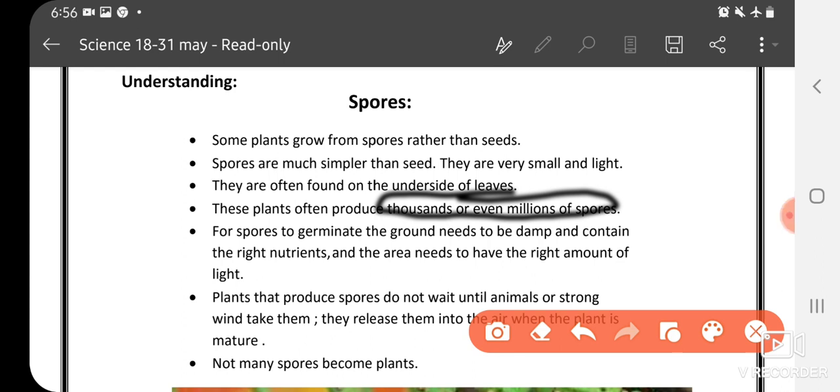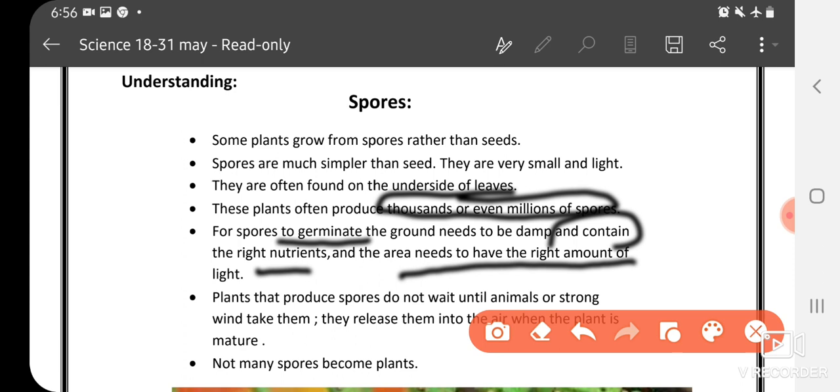Next, for spores to germinate, the ground needs to be damp and contain the right nutrients, and the area needs to have the right amount of light. So now they are telling the requirements for a spore to germinate.